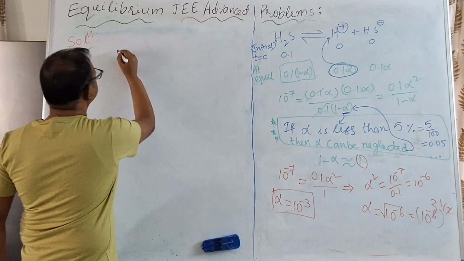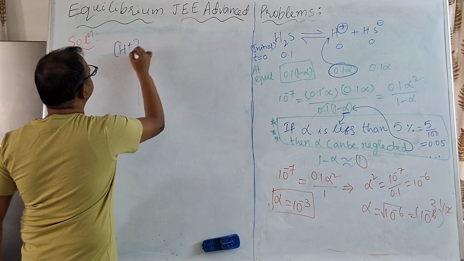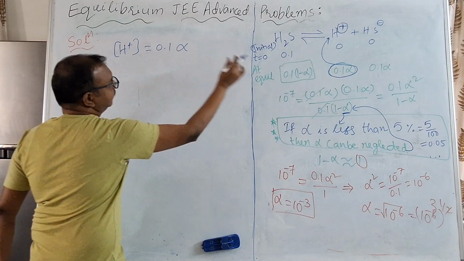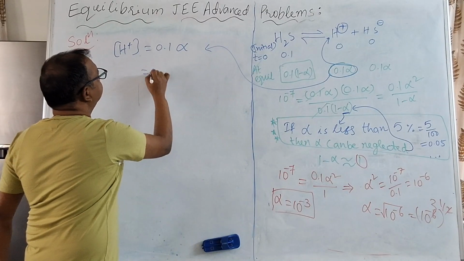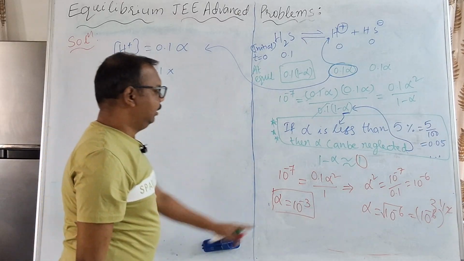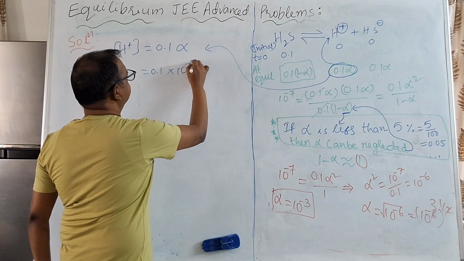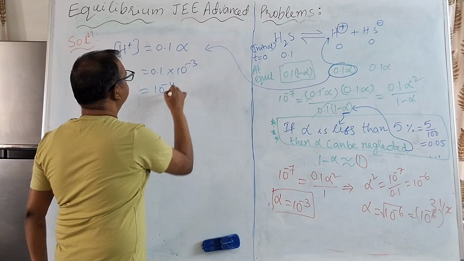Now, concentration of H plus is equal to 0.1 alpha, which is given already here. Therefore, you just substitute the value. 0.1 into alpha value, how much? 10 power minus 3. Therefore, it can be written as 10 power minus 4.